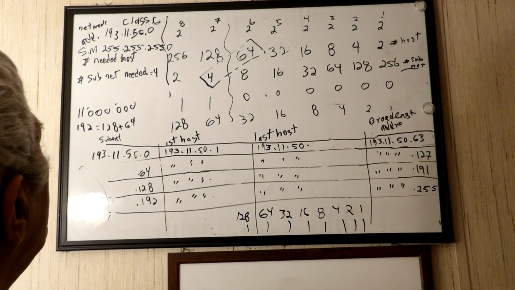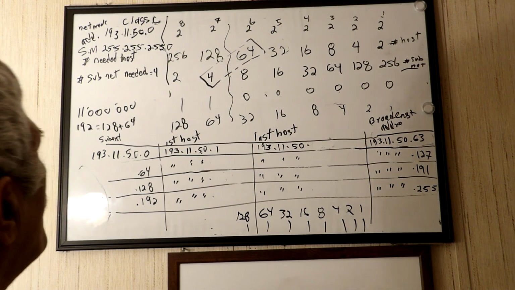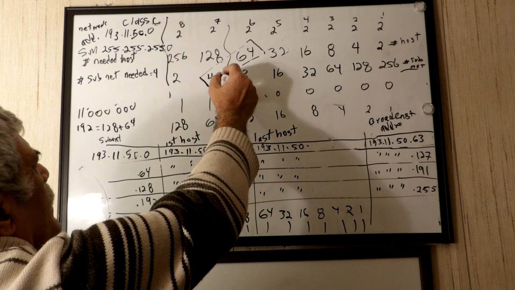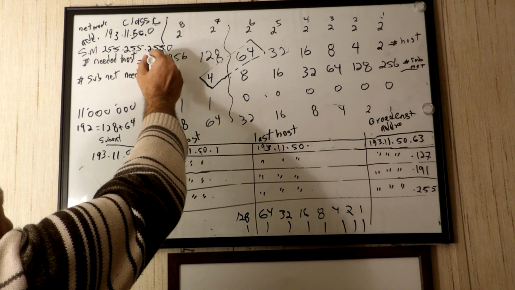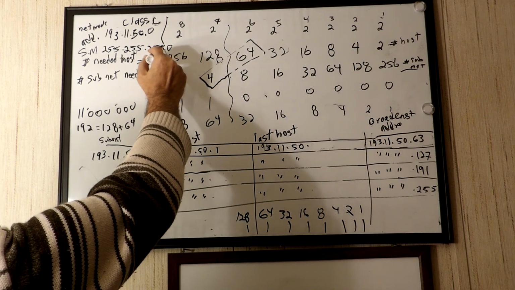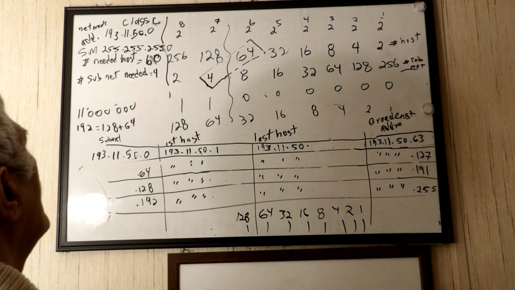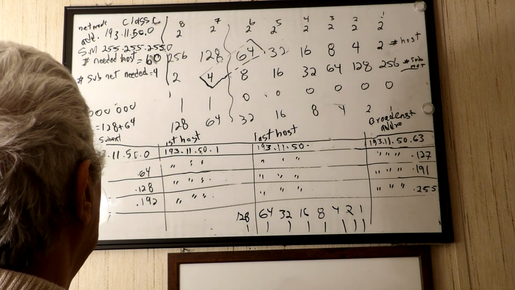What you need to do is write this one here. You say we need one of them, either 64 or even less than that. Say we need 60 hosts in each subnet.